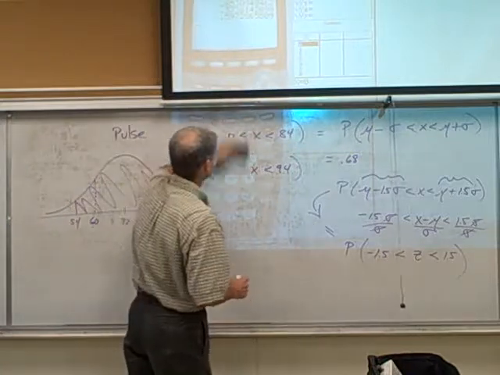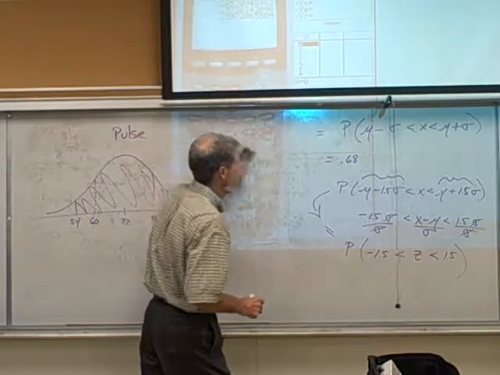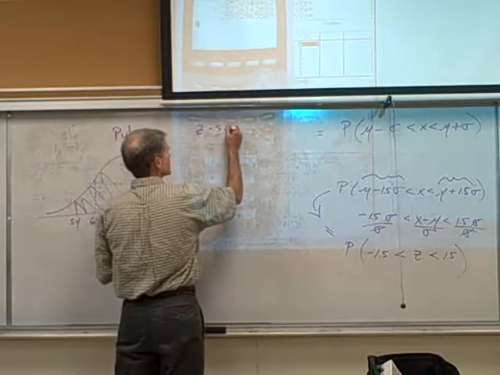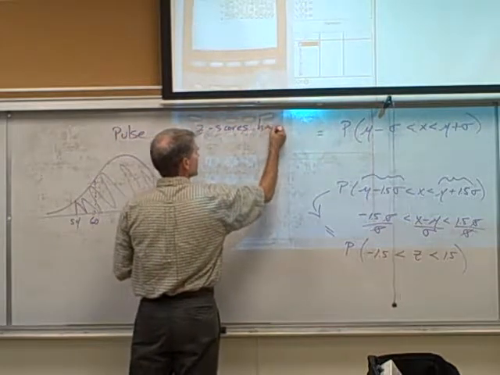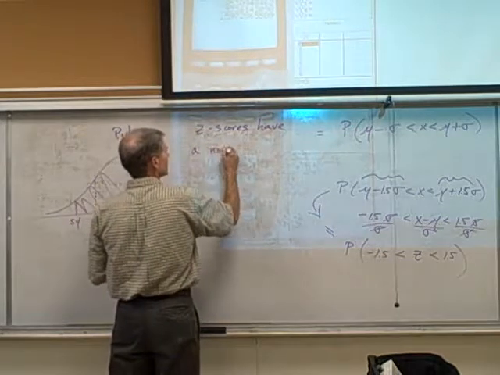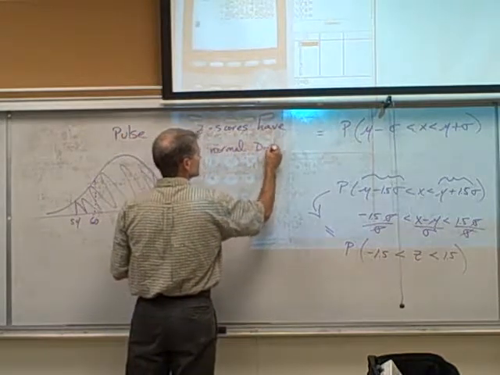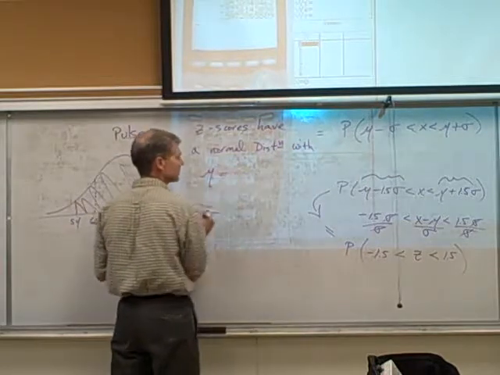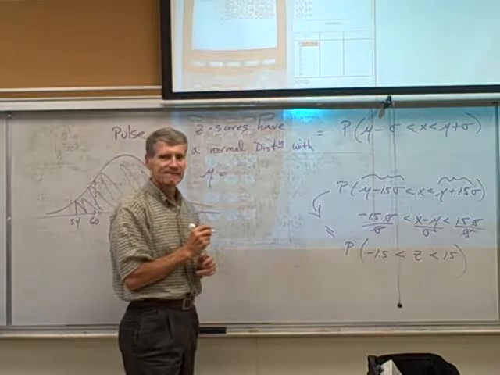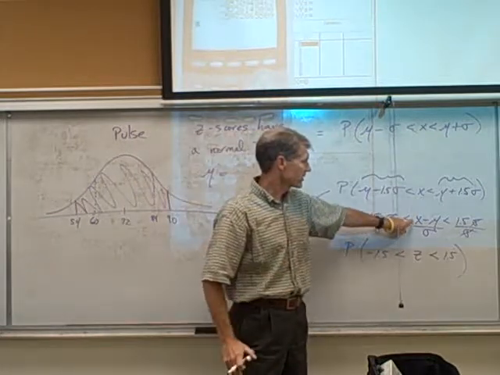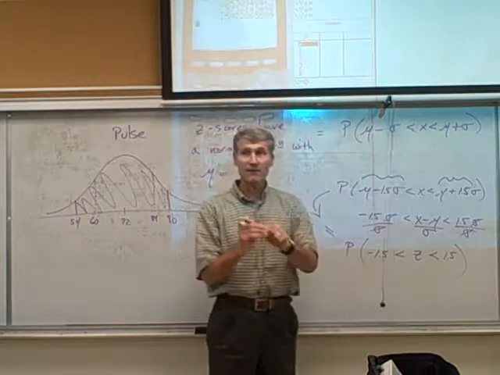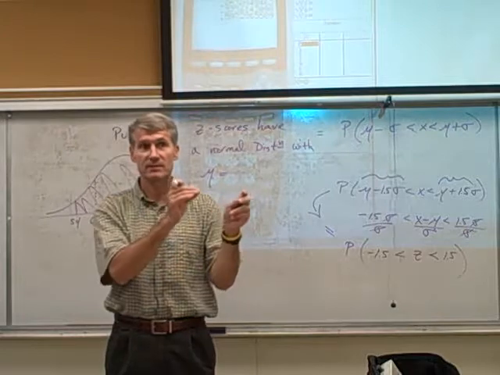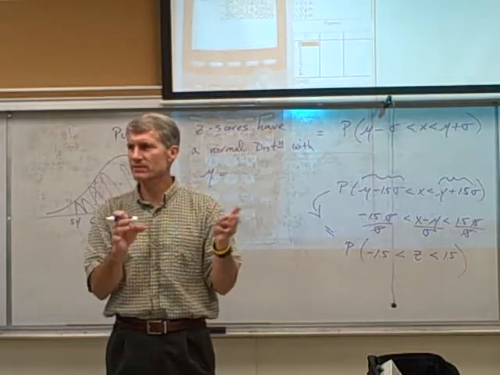What would the distribution of z-scores be? Z-scores have a normal distribution with mean equal to, well, if you start with x and subtract the mean off of every value of x, then the new mean is going to be the mean of x minus the mean of x, which is 0.